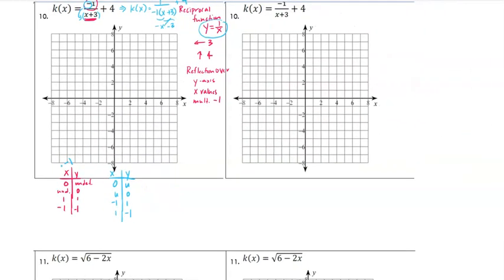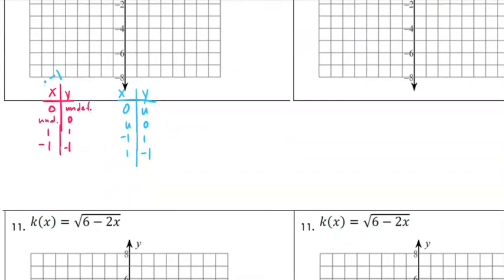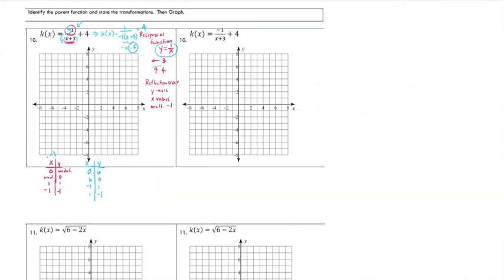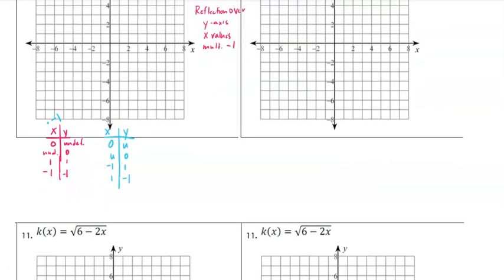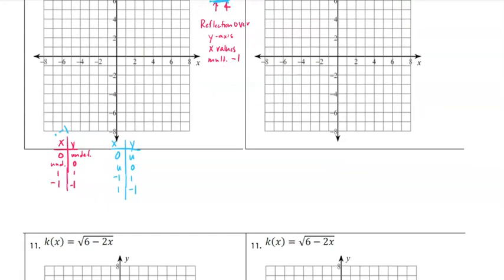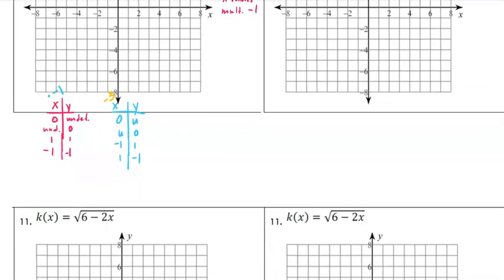Now it tells us to do the horizontal translation, so I'm going to subtract 3 on the x. That is going to be x and y. That's going to be a negative 3, which is my asymptote, and that's not going to change. And it's negative 4, 1, and negative 2, negative 1.